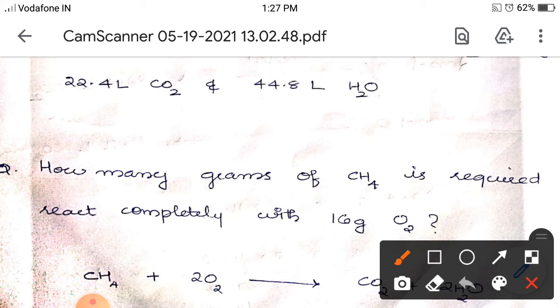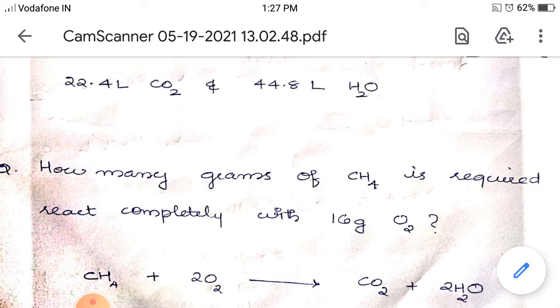First of all, you have to write the balanced chemical equation. You must study this balanced chemical equation.